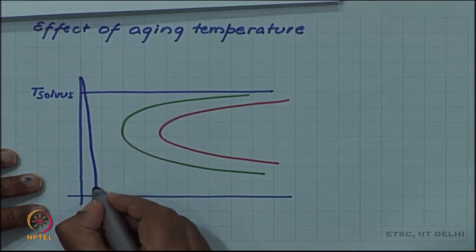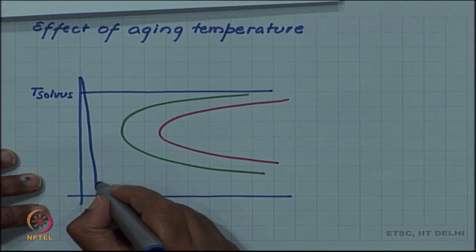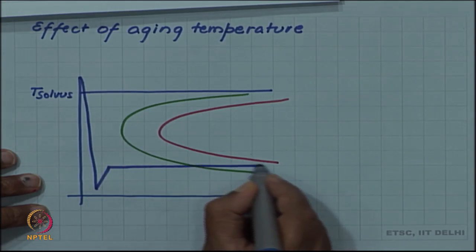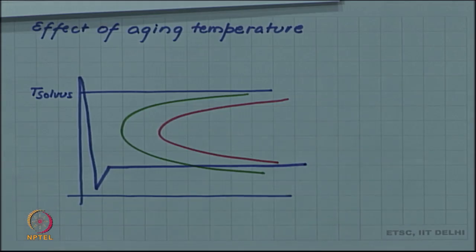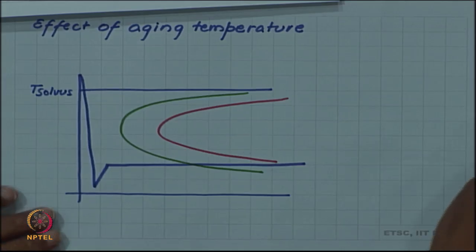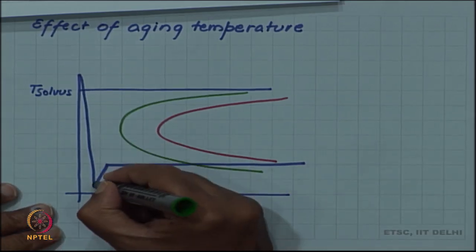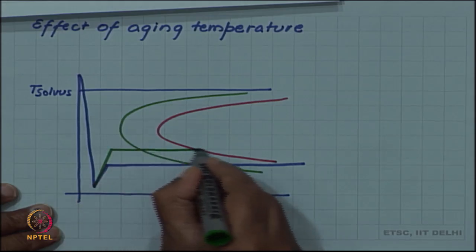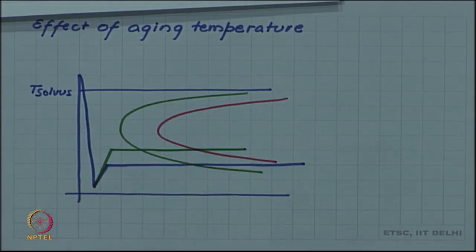So, suppose you quench and then you aged at this temperature, or you aged at a higher temperature.